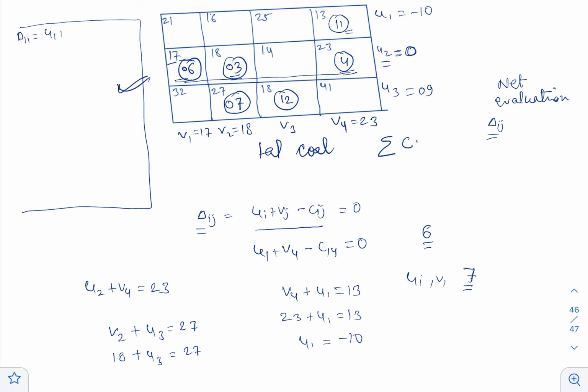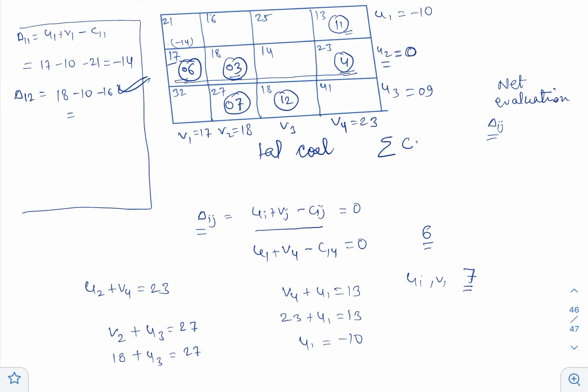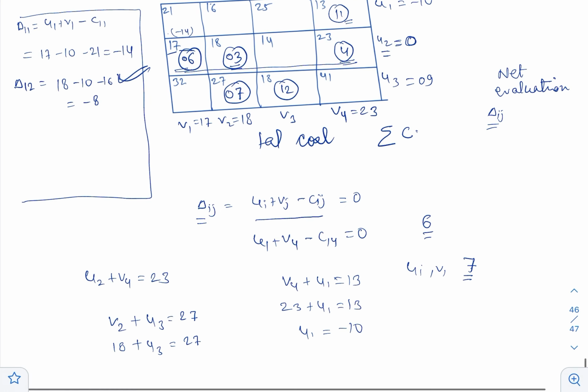So delta 11 is equal to U1 plus V1 minus C11, which is equal to 17 minus 10 minus 21, which is equal to minus 14. For cell 12 it is 18 minus 10 minus 16, which is equal to minus 8.